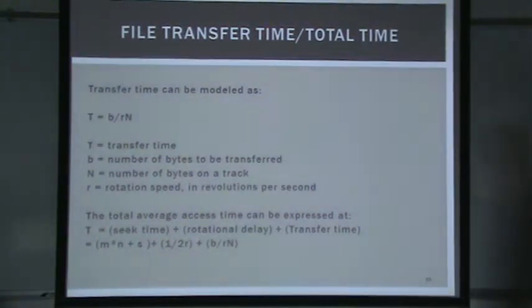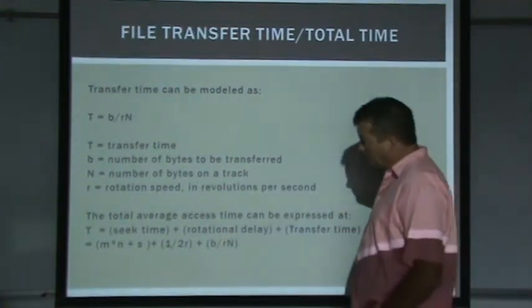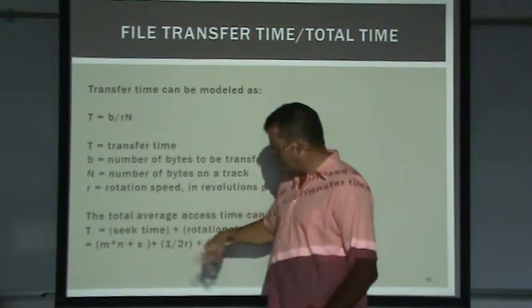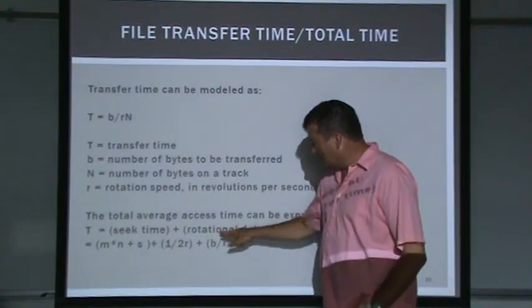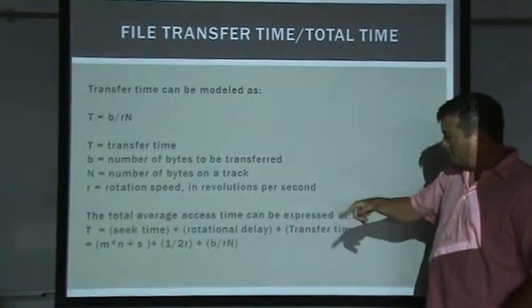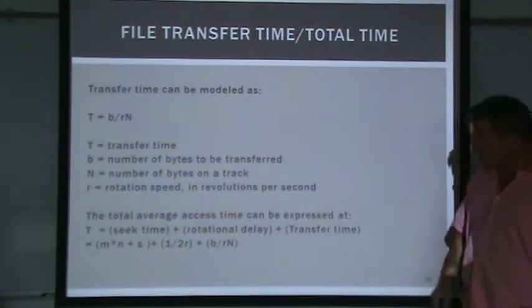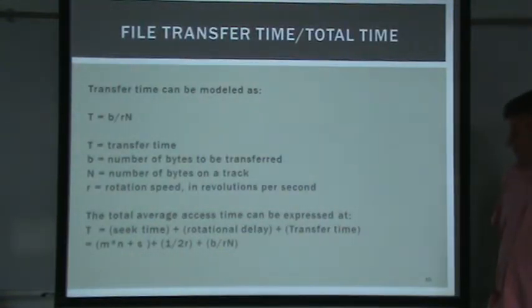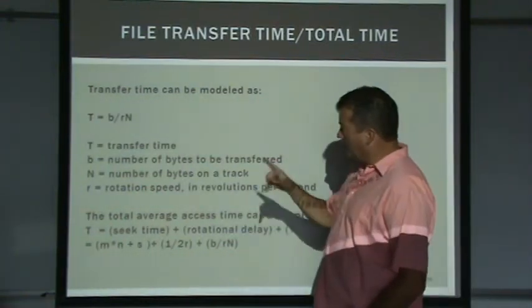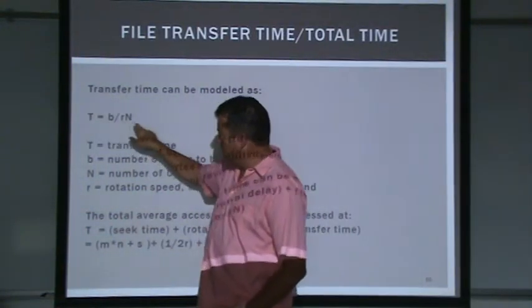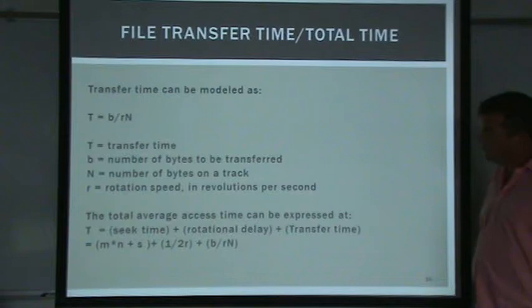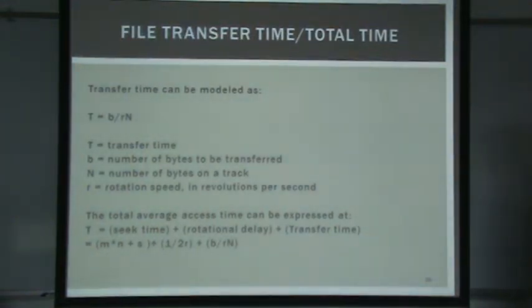So the average access time can be expressed as the seek time, which was our previous slide, plus the rotational delay, which is how long on average it takes to spin to the spot where it starts, plus the transfer time. The transfer time is reading the blocks into the operating system, which ends up being the number of bytes being transferred divided by the number of bytes per track, and then also divided by the speed of your disk drive.